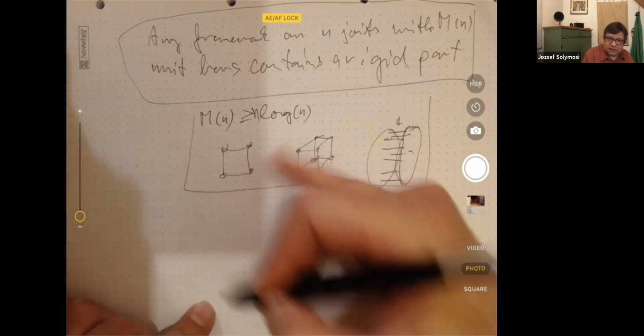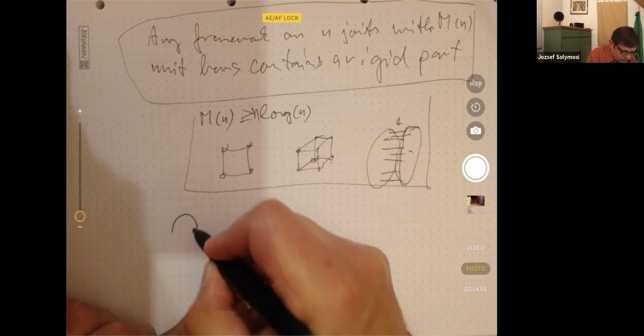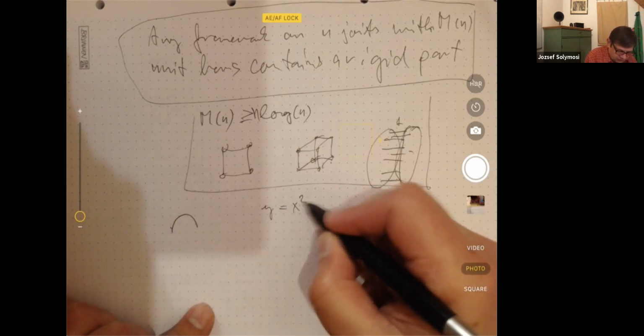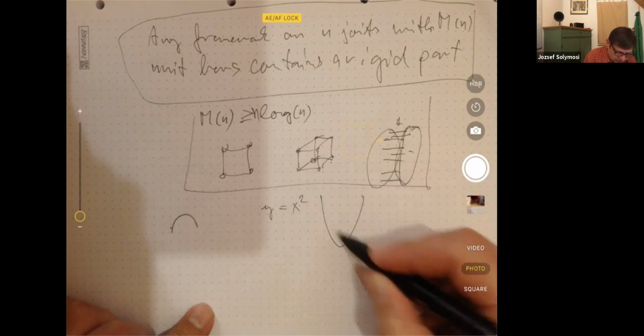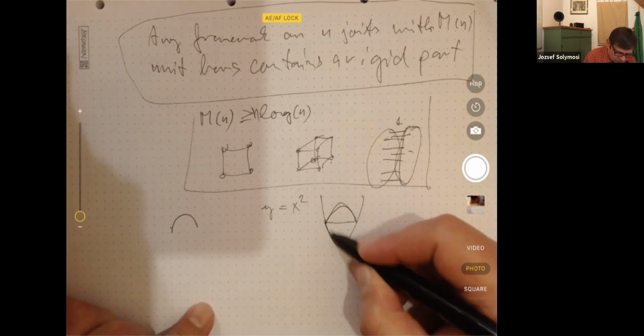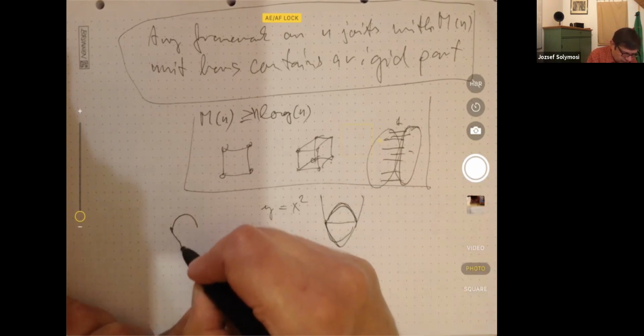Then if you have the y equals x squared parabola and you cut it like this, this will be the lower arc and the upper one. So this will be your so-called circle.